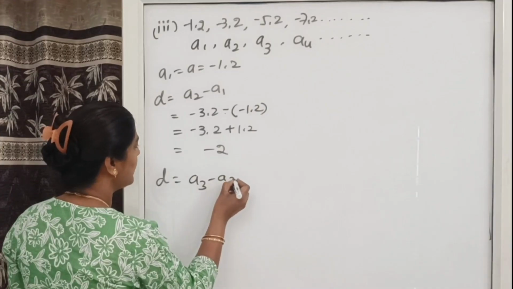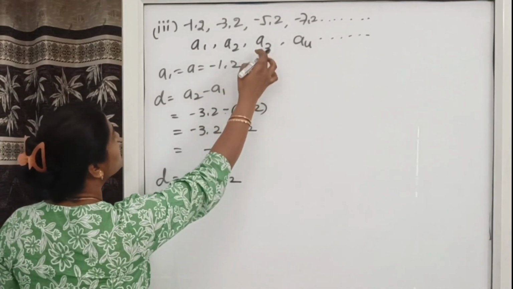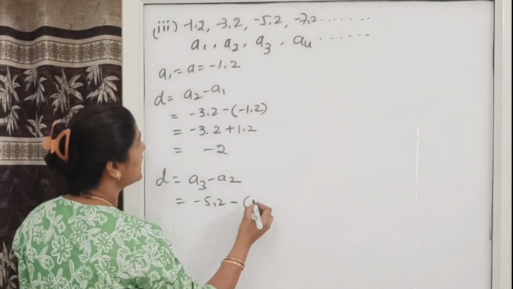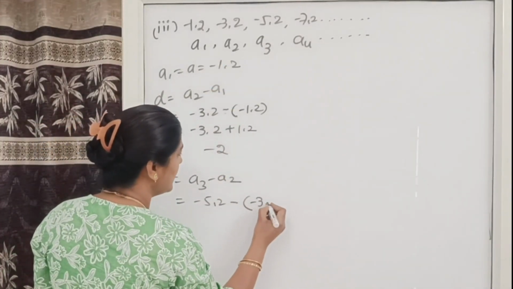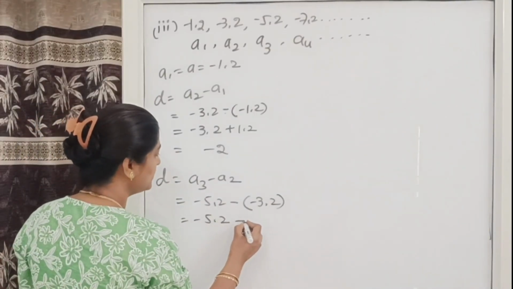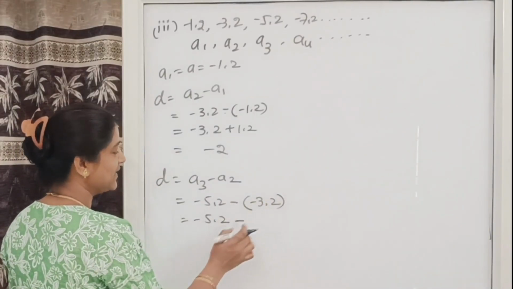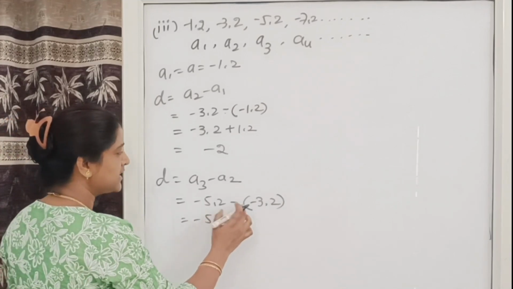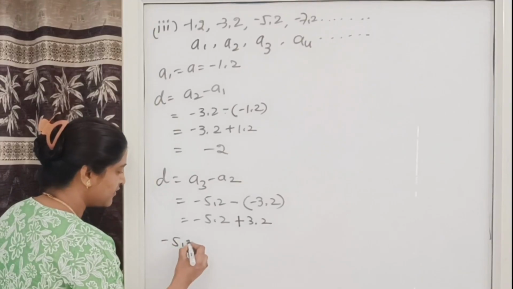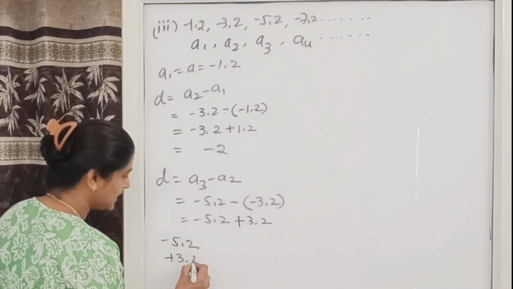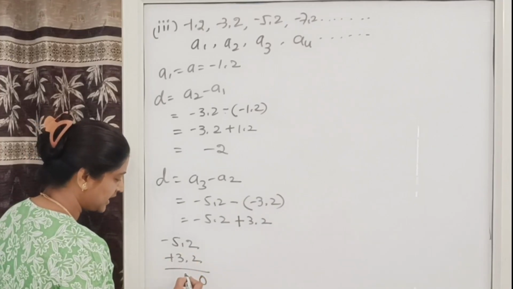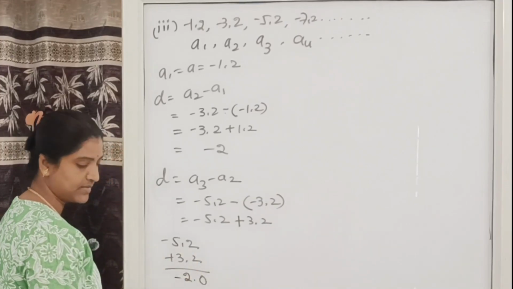So next D, that is A3 minus A2. A3 is minus 5 by 2, the negative symbol is there, keep it in a bracket. Minus 3 by 2, sorry, minus 5 by 2 minus, minus 3 by 2. Minus into minus plus, 3 by 2. Do subtraction: 5 by 2 plus 3 by 2 gives, 5 minus 3 is 2, and the negative symbol as it is.